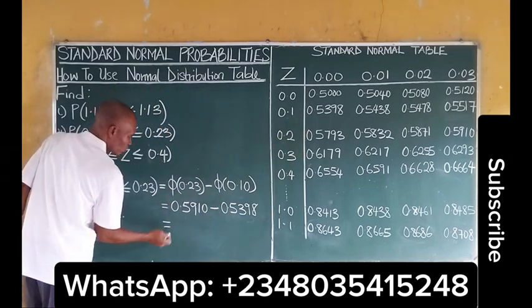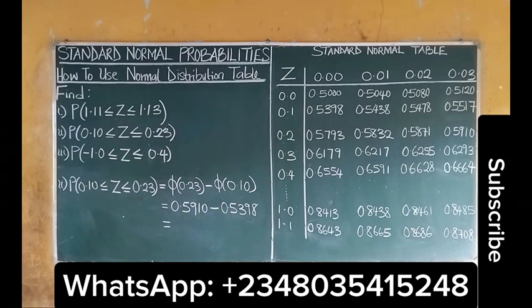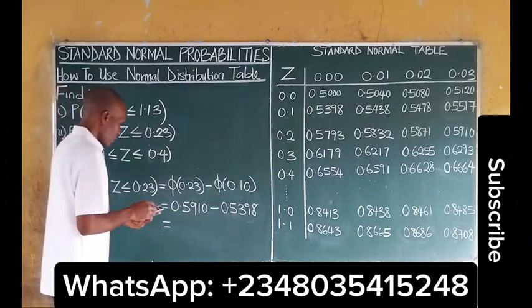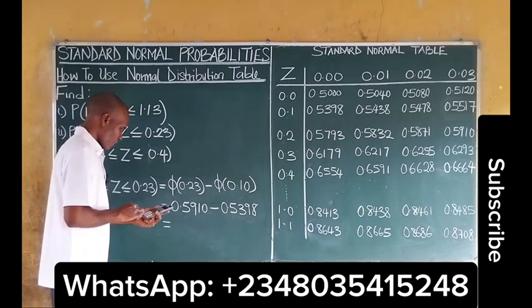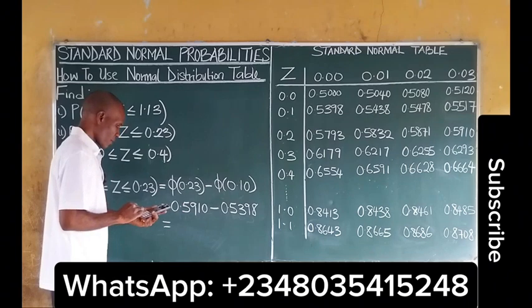So the next thing for me to do is just to use our calculator to find the value. 0.5910 minus 0.5398.